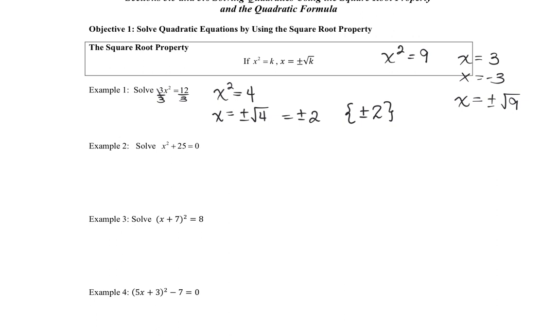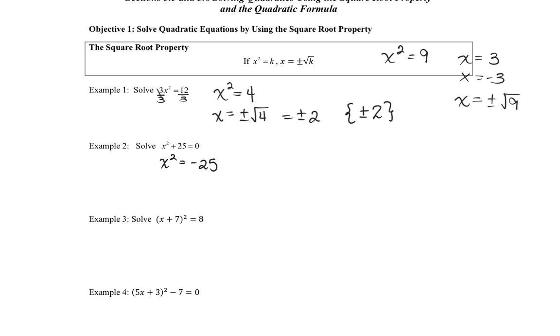Okay, so now let's look at this one. This one says solve x squared plus 25 equals 0. Okay, so I need to get that x squared by itself, right? So I'm going to subtract 25 from both sides. So x squared equals negative 25.